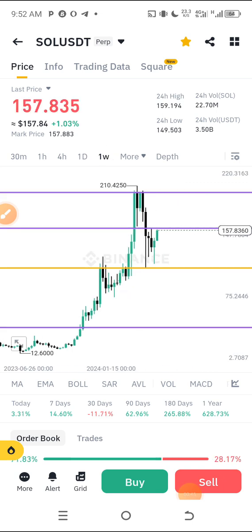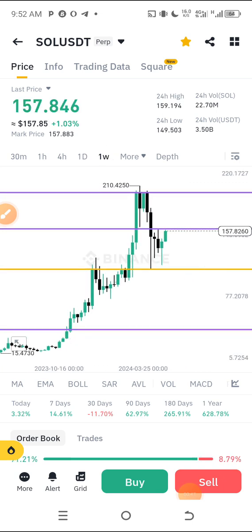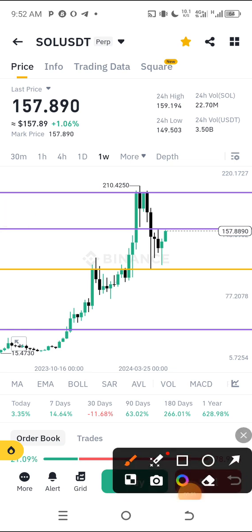So this is actually the weekly time frame, and you can see that price is making higher high, higher low. So it means that here we are bullish. We can see higher high here, higher low, higher high, higher low.